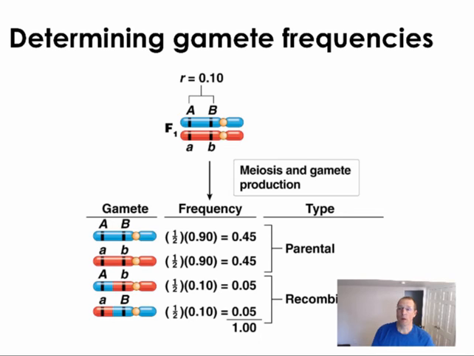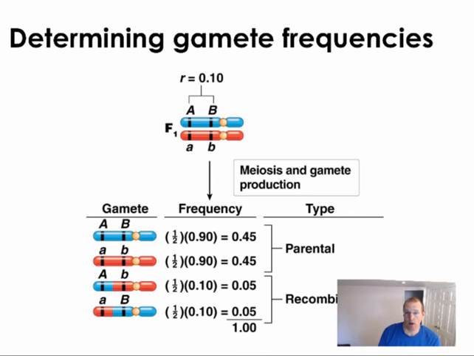So an outcome class here would be big A, little b, or little a, big B. And so half of 10% would mean that down here you can see that this recombinant gamete with this recombinant chromosome would occur half of 10% of the time, which is 5% of the time, 0.05, and the other recombinant gamete, little a, big B, would be produced half of 10% of the time, 0.05 or 5%, and so then the parental gametes would be produced 45% of the time each.